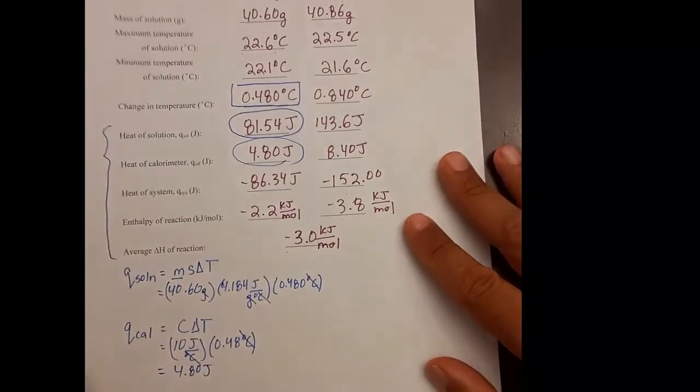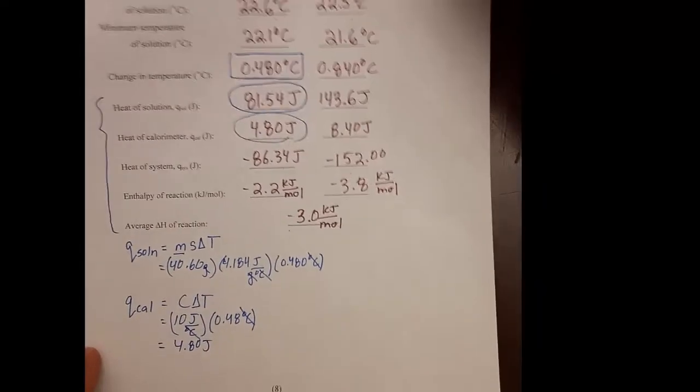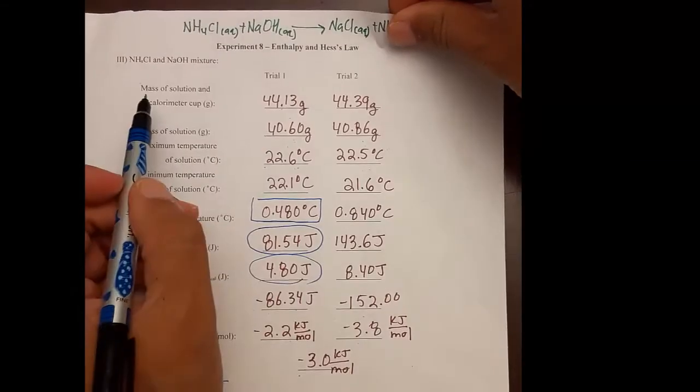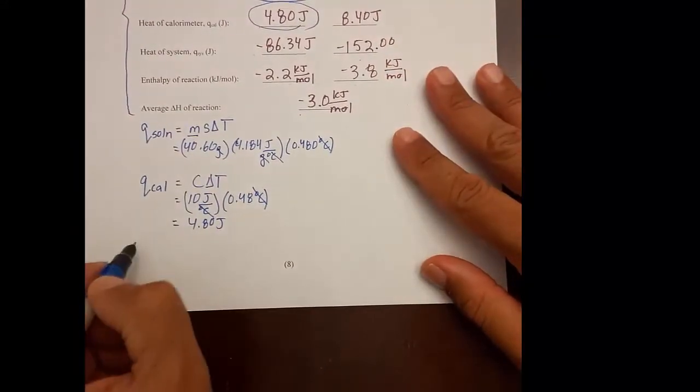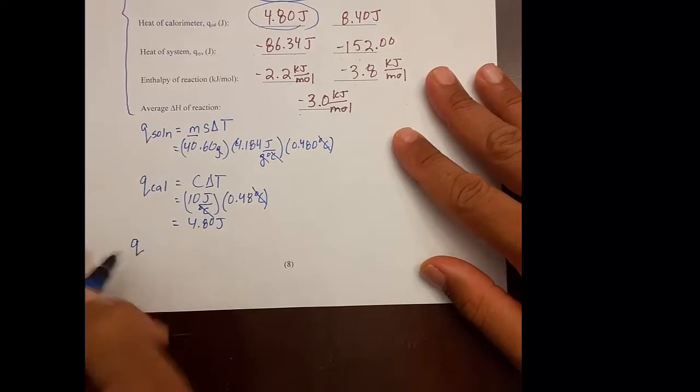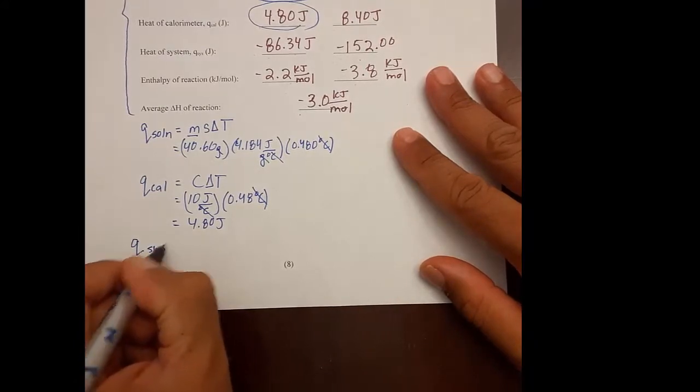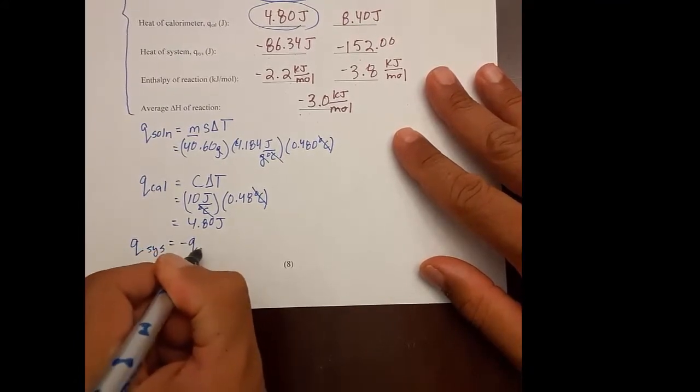The heat of the system, which is really what we're interested in, the actual reaction between ammonium chloride and NaOH, is going to be minus Q cal minus Q solution. This is given to us in our laboratory handout.